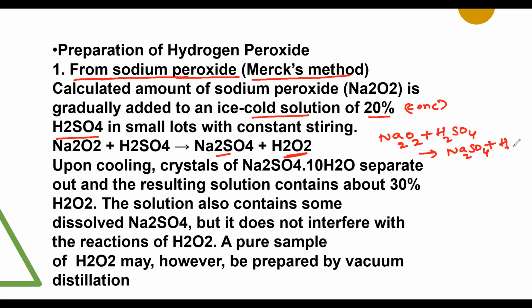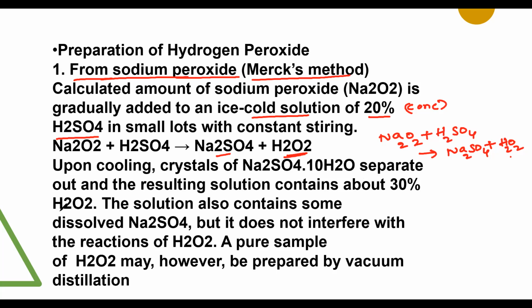So sodium peroxide is added to sulfuric acid, which forms sodium sulfate along with hydrogen peroxide. This process is called Merck's method. This is the laboratory method of preparation of hydrogen peroxide.